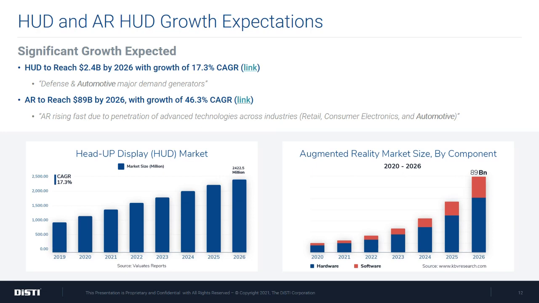Now, when we look at augmented reality, the augmented reality market is massive, and a lot of that has to do with consumer electronics, but automotive, of the dozen or so different markets, is also attributed to the increase in augmented reality adoption. So we're looking at roughly a 46.3% growth rate in that. And that is just a massive amount of new technology entering the market in a very short period of time.